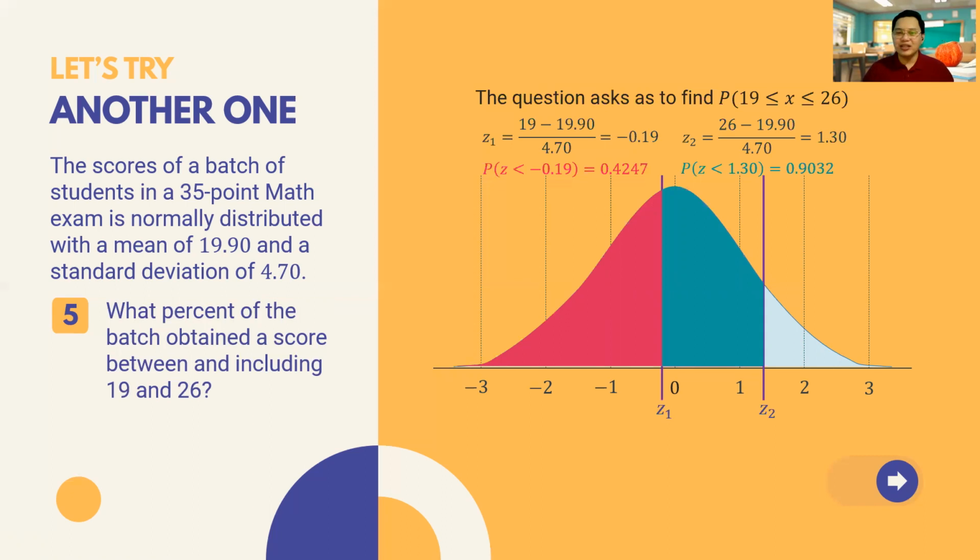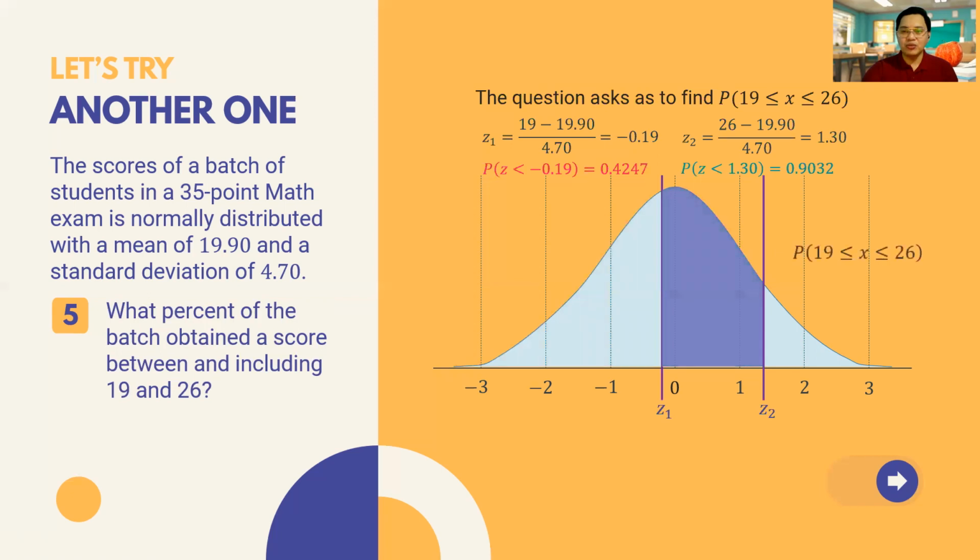But we're not interested in those two regions. We're interested in the region in between z sub 1 and z sub 2. And clearly, when we subtract the area to the left of z sub 1 from the area to the left of z sub 2, we should be able to find the area between those two points. So that's exactly what we're going to do.